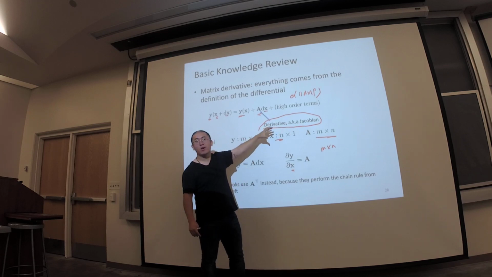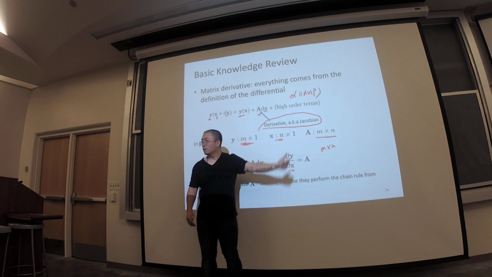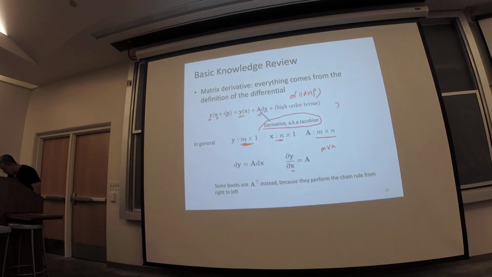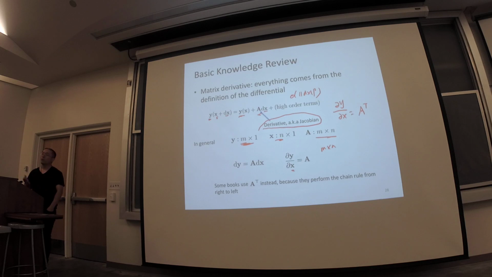I want to emphasize this point because probably you will see in other books they choose a different notation. You might see in other books they define partial y over partial x as A transpose. Don't be confused by that. They're saying the same thing, but they use different customs. Why? That really is how you apply the chain rule.